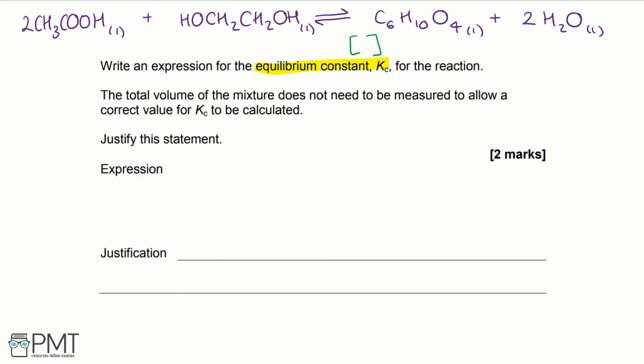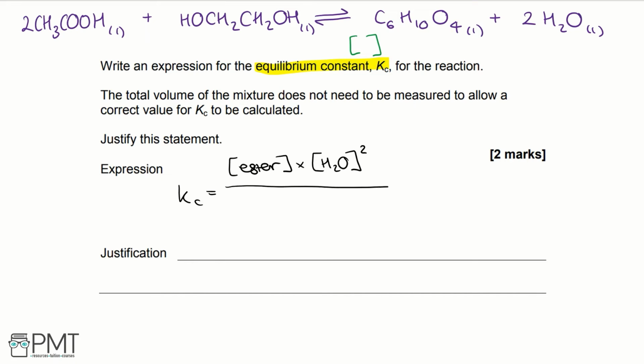So with an equilibrium constant, when you do its expression, you always do the forwards reaction and the products of the forwards reaction as your numerator. So for Kc, that's going to be our ester, and then we're going to multiply this by water and raise the water to the power of 2 because it has a 2 in its molar ratio.